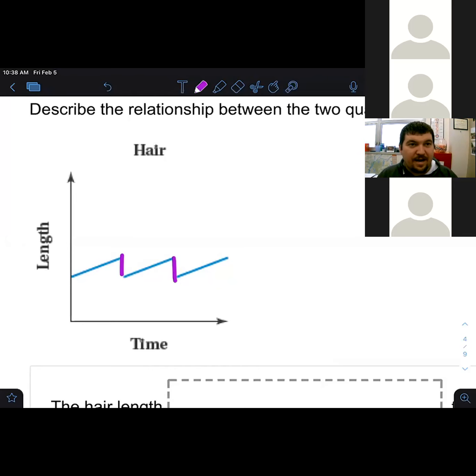So they've cut your hair, and that's why that length is decreasing instantaneously, because it literally is just the top of the scissors. As to why it's not filled in, my guess is that since we've talked about functions, we know that if they filled it in, it all of a sudden wouldn't pass the vertical line test, which is probably why they didn't fill it in right there.